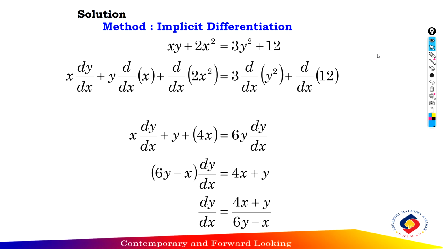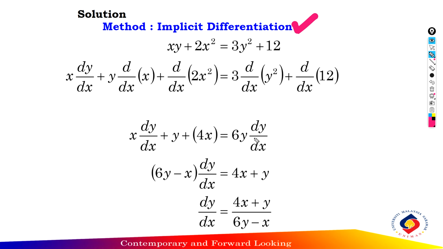Okay, first step, you find the first derivative of the function, and the method here is implicit differentiation. Using implicit differentiation, x dy over dx plus y plus 4x, and the right hand side equals 6y dy over dx.